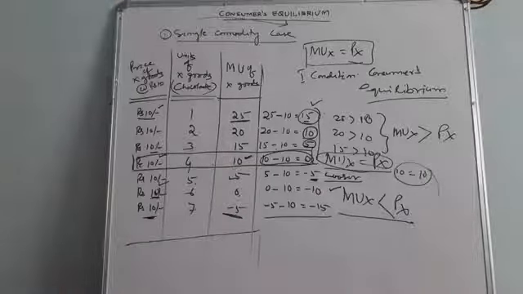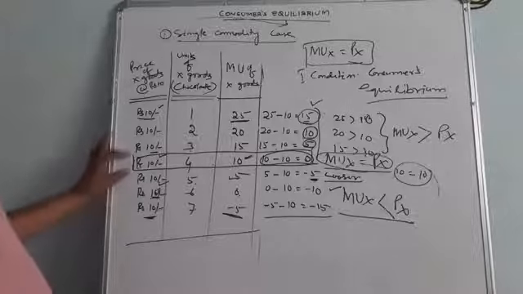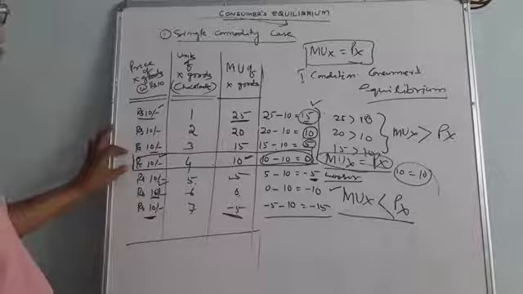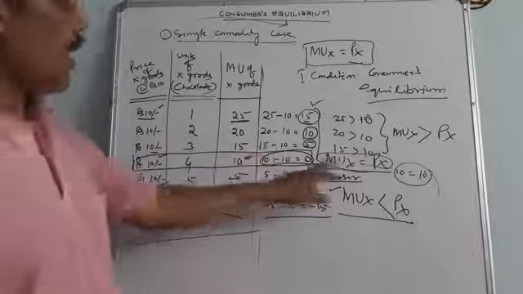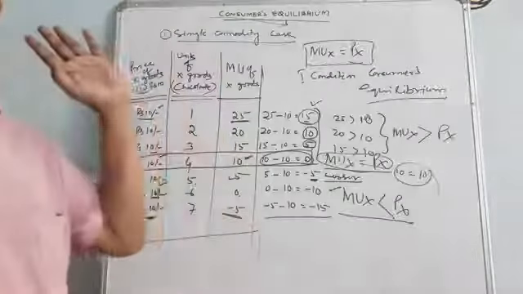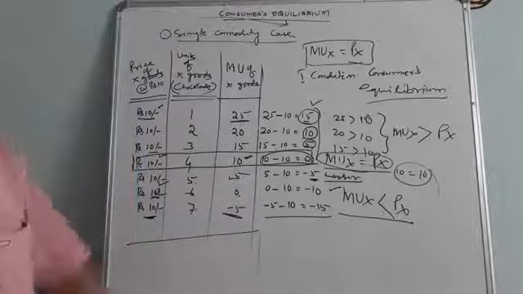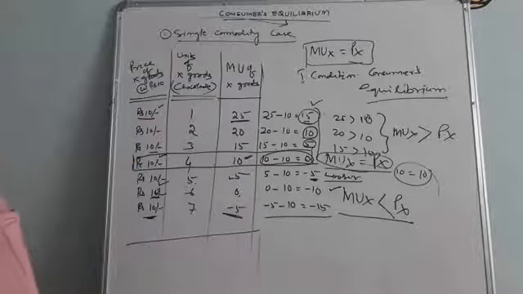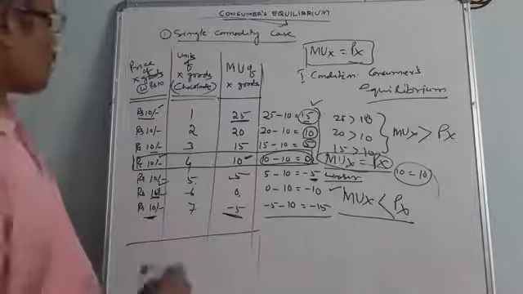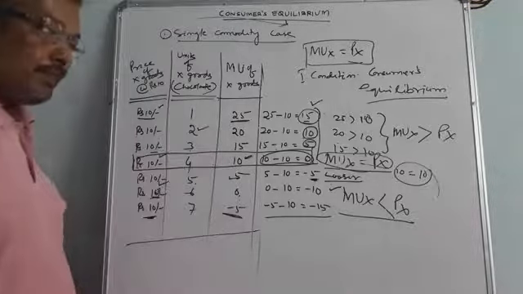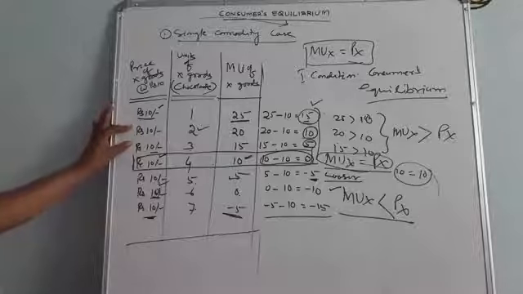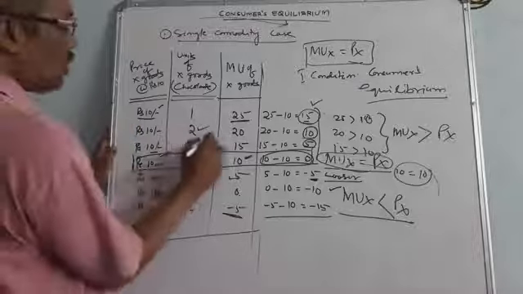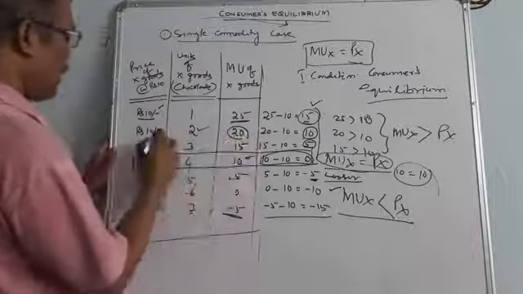So where is the equilibrium? A rational consumer will purchase up to 4 units where the marginal utility of X equals the price of X. That is called the consumer's equilibrium. Suppose the consumer stops at the second unit, then his marginal utility is 20 and he is paying 10.